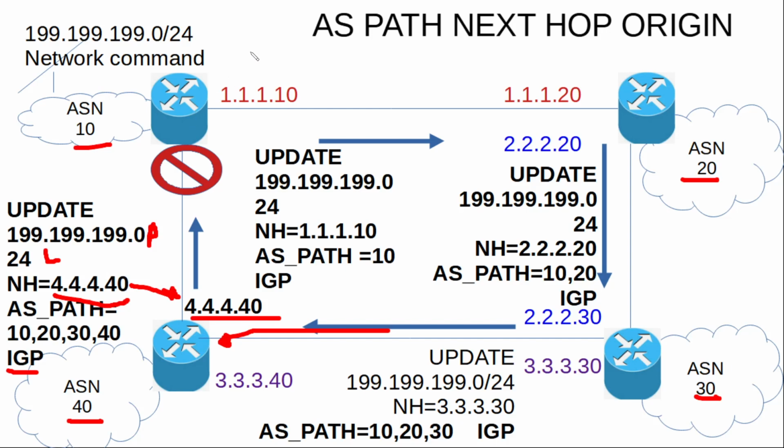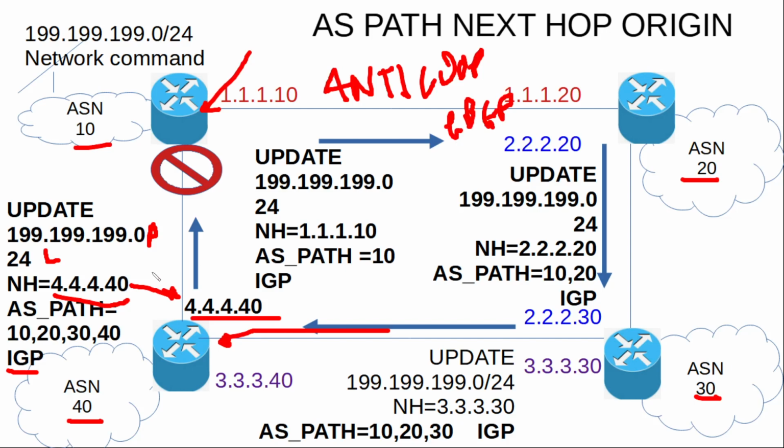When this device here receives this update, it is going to run an anti-loop rule for eBGP that says that if I receive an update where the AS path contains my own autonomous system, I'm going to reject that update. In this case, it is going to check the AS path of this update. It is going to see that this AS path contains an autonomous system that actually matches this autonomous system where this router belongs to.